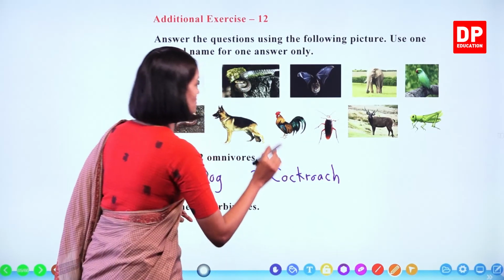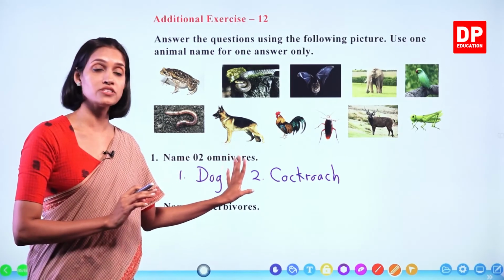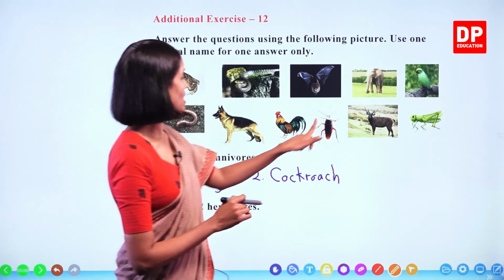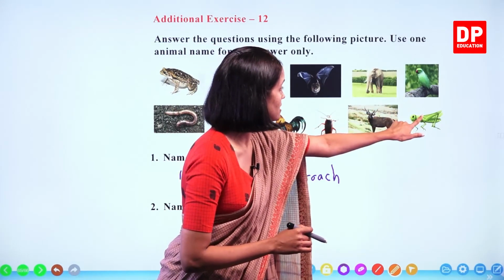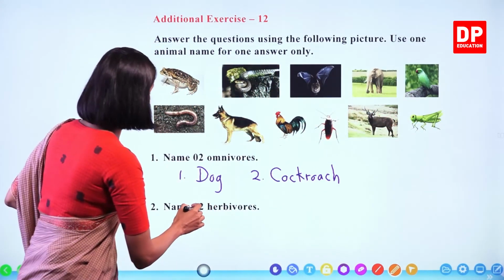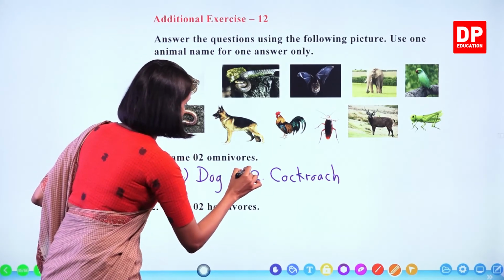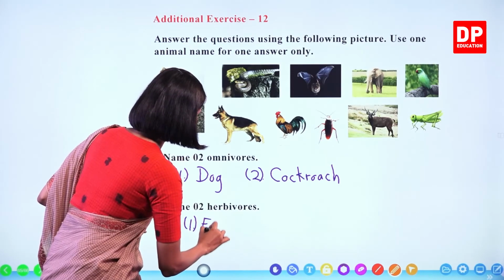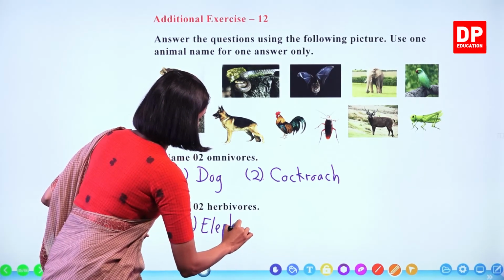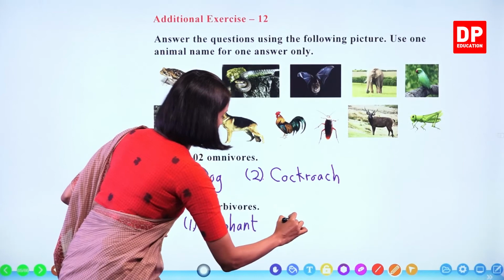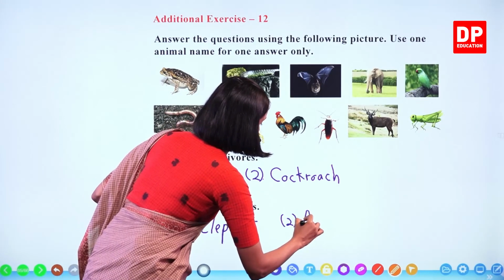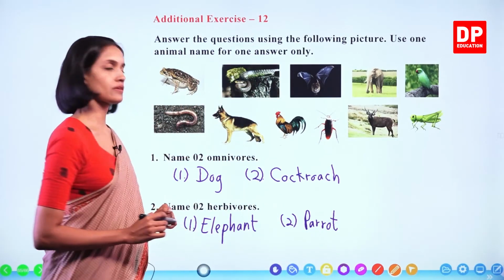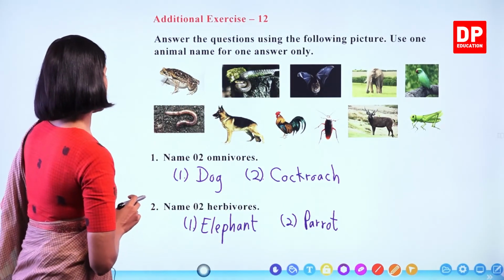So you can write one name only once, right? Name 2 herbivores. These 3 are herbivores. Let's write number 1, elephant. Number 2, parrot. Right? Okay.